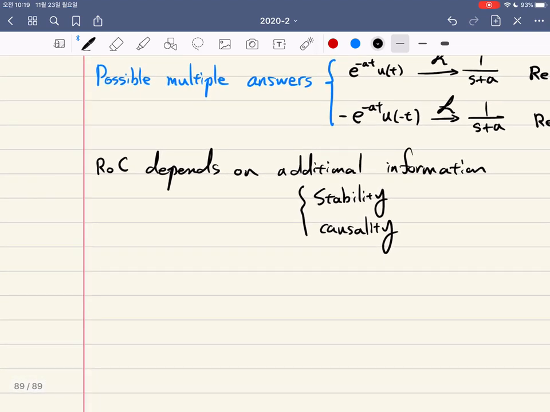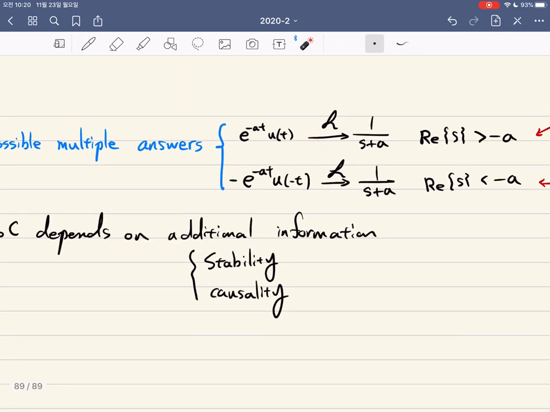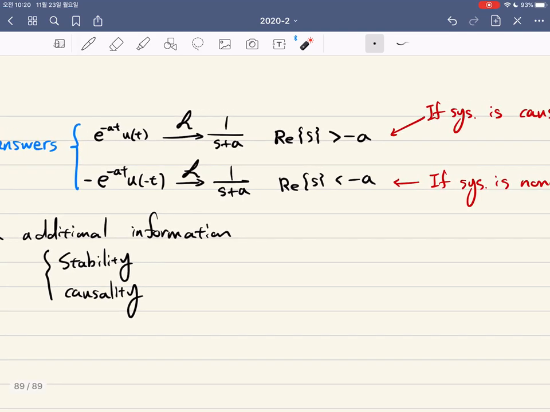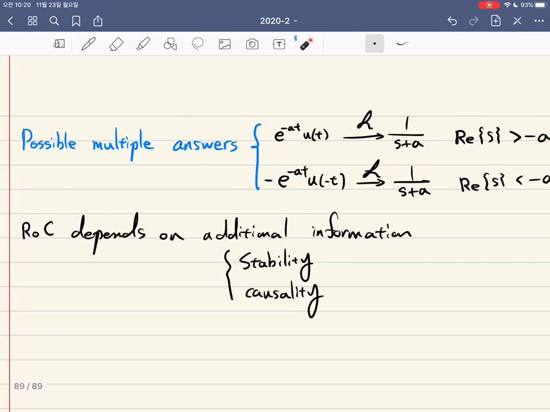So for a textbook problem, maybe the ROC is provided in the problem statement, and you may choose your final answer from multiple candidates by that ROC. However, in real problems, those ROCs are not provided, so you can choose your answer of the inverse Laplace transform with this kind of practical information. If the system is stable, then you have the additional information of that.